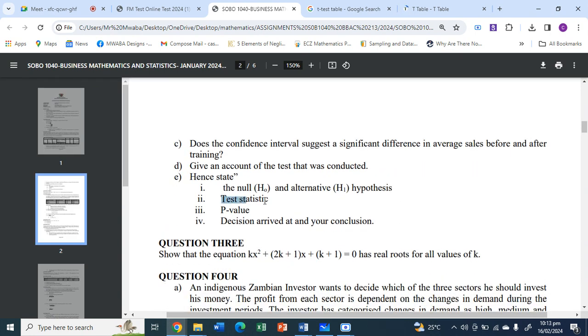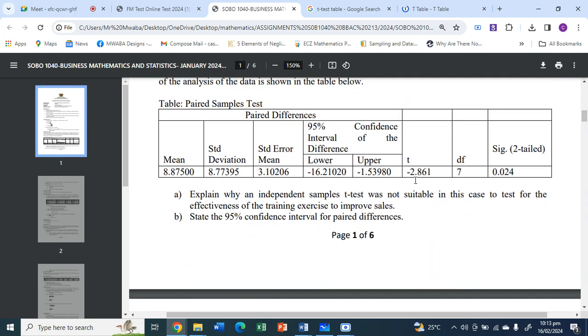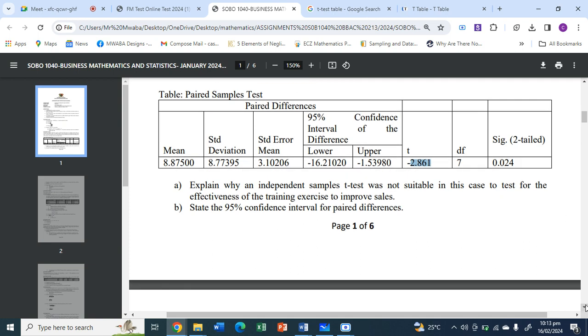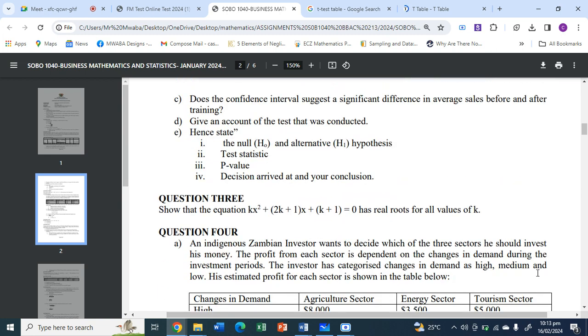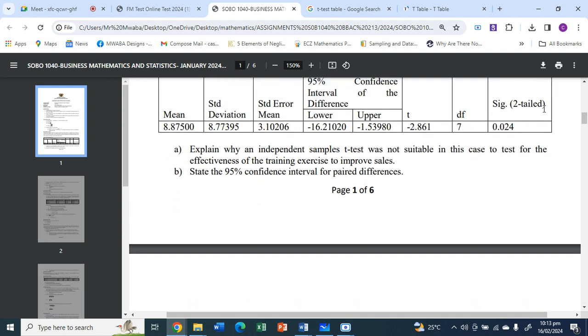Okay, so the test statistic here is negative 2.861. That's the test statistic. It's what is used to measure against the critical value. The p-value, here it is, where it's written sig two-tailed.